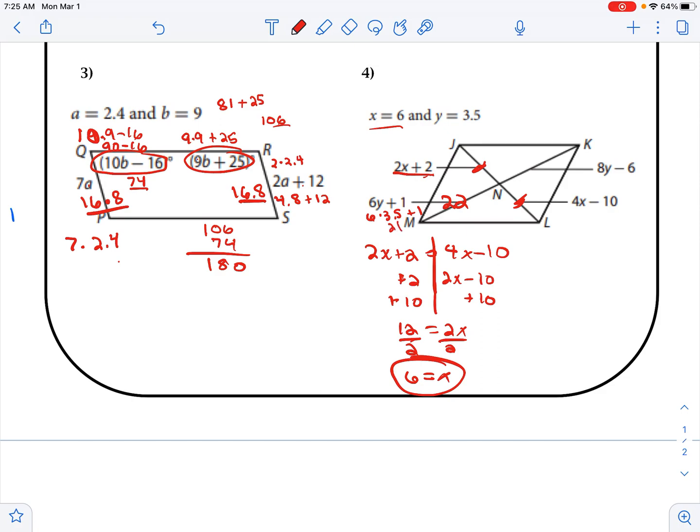Then I could go in here and do the same thing. 8 times 3 is 24, so that's 28, minus 6, hey, that's 22. And they're the same. So we showed that they're the same from there. So that's how you can do it. You could set up that equation and show what your variable equals, or you could plug it in and solve it that way.